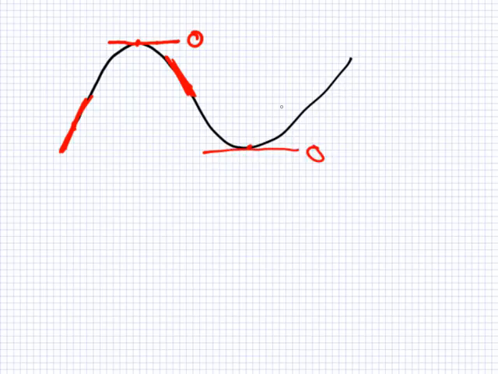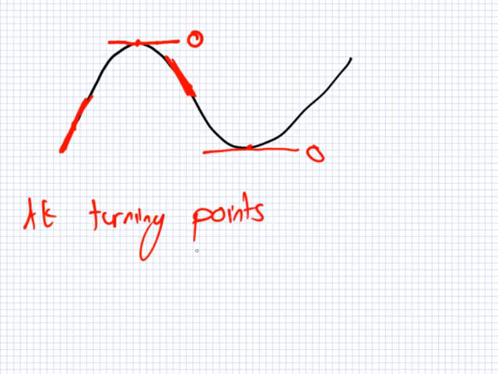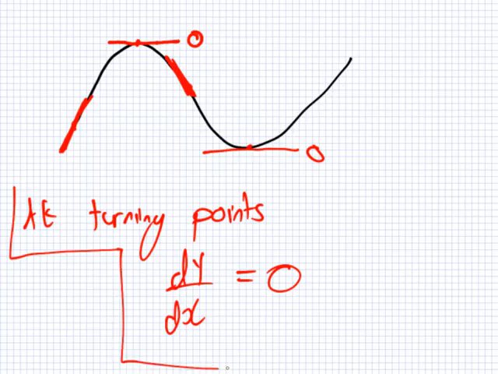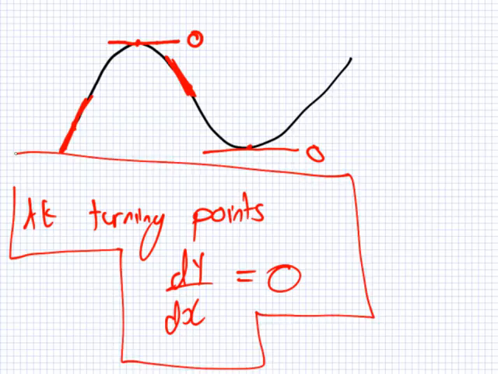So you notice on graphs, at turning points, the derivative should equal 0. And actually, this is the key to this lesson for finding the turning point. So please note this. This is the key idea for this lesson: to find the turning point, you need to find when the derivative is 0.